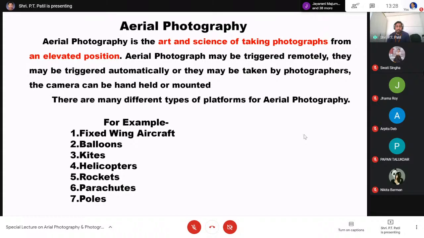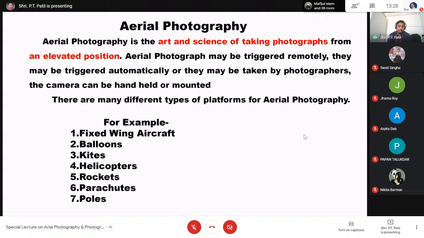Then sometimes we are also able to trigger aerial photographs manually. For example, with the help of the residual hill, we took the aerial photograph of the valley that was manually clicked. So like that, different kinds of aerial photography are there.